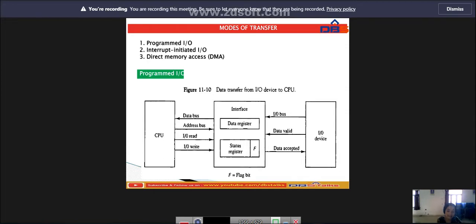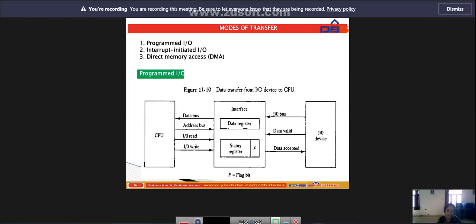The flag bit is then cleared to 0 by either the CPU or the interface. Once the flag is cleared, the interface disables the data accepted line and the device can then transfer the next data byte.